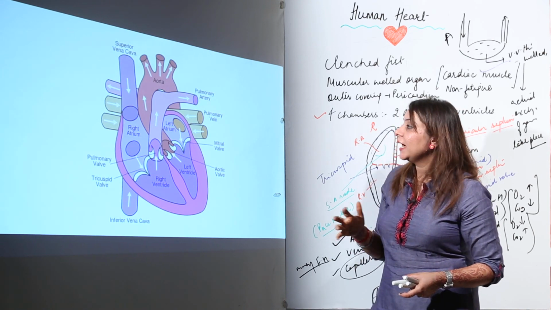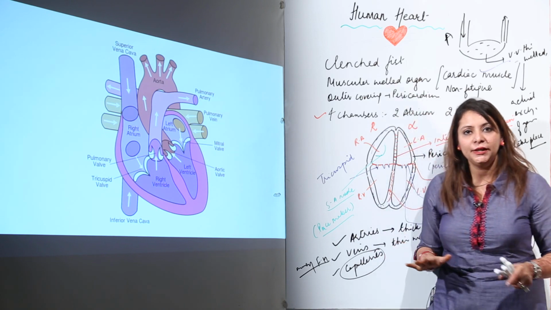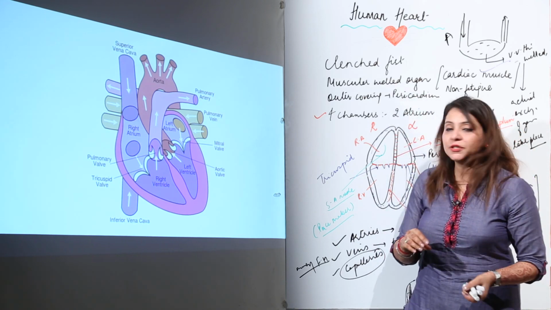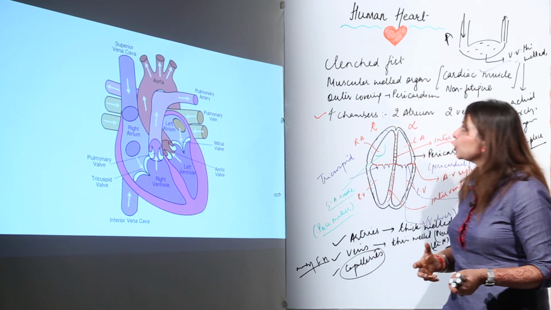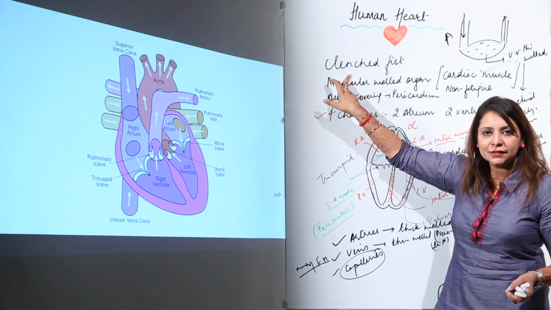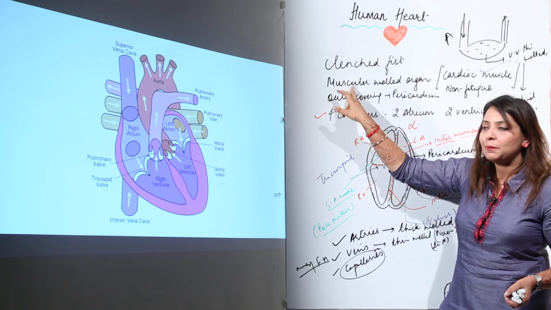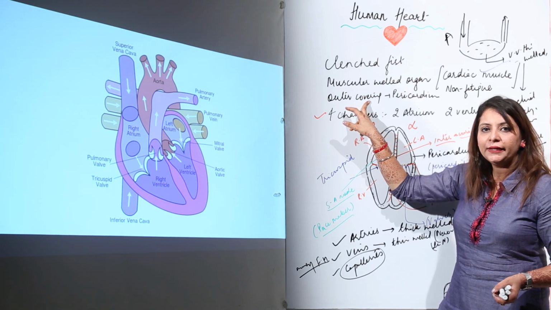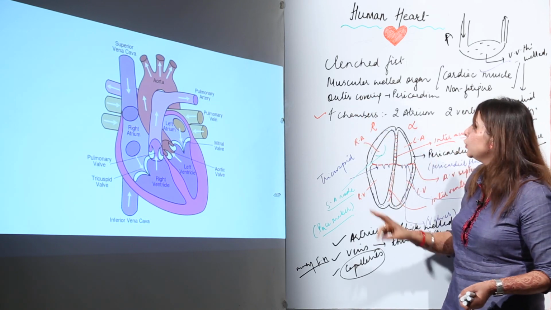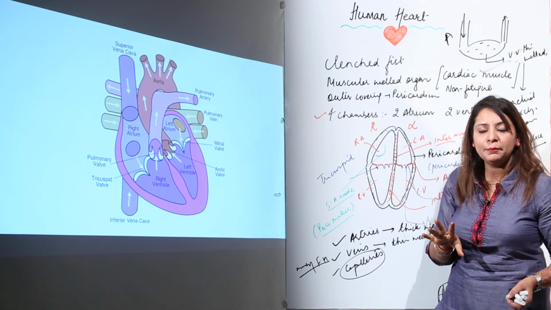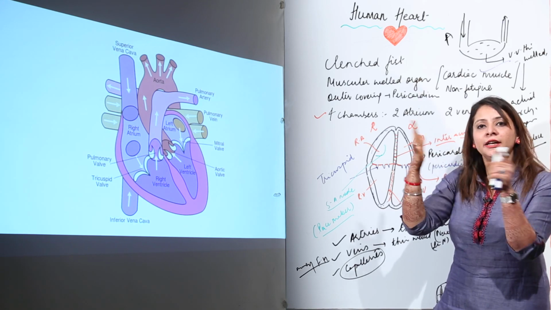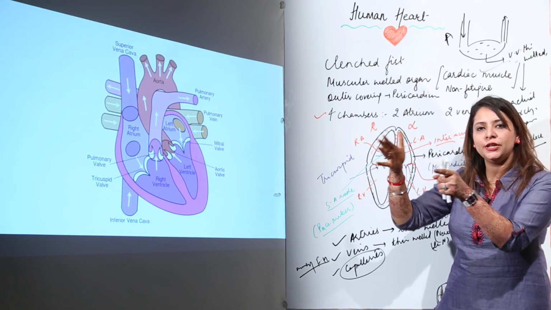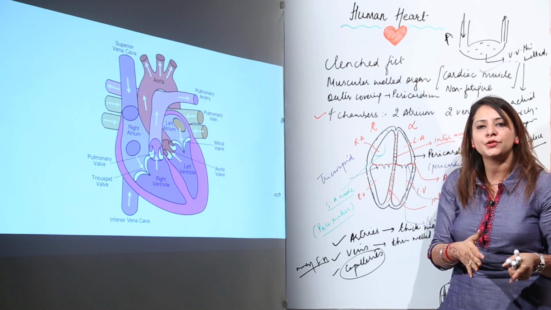Now we are going to start with the working. I think you are familiar with the structure now. Again, I am doing it in a short span. You know the heart is the size of a clenched fist, you know the cardiac muscle is there, the outer covering is the pericardium, and you know about the pericardial fluid also. You know the heart is divided into 4 chambers, first the 2 sides, left and right, and then left atrium, left ventricle, right atrium, right ventricle.